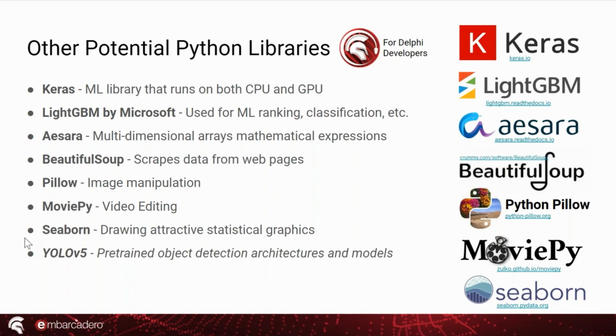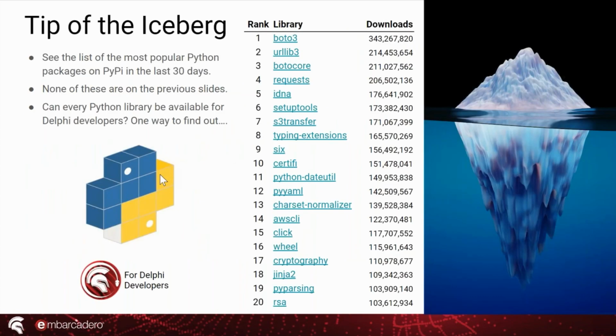So some cool ones here we're looking at adding. We had a session on using Beautiful Soup via Python for Delphi. So it involved a mix of Python and Delphi. But hey, let's make a great scraper of data right straight from Delphi itself. So I went out to PyPI and said, hey, what's the top 20 downloads from the last 30 days?